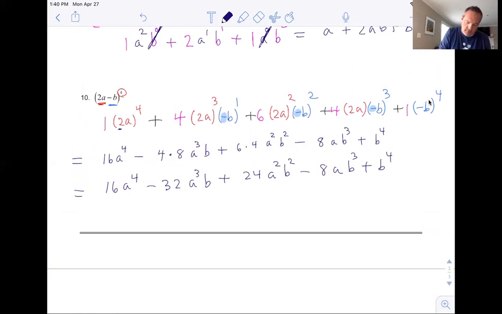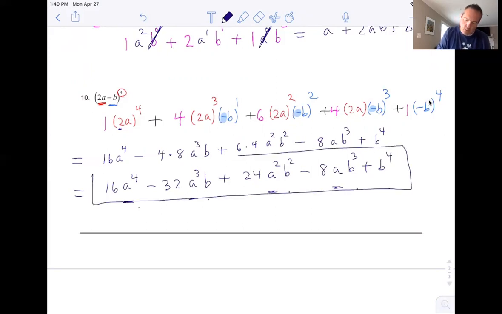And the other thing you got to check for: look at the variables. You got a to the fourth, a to the third, a to the second, a to the first, and then a to the 0. They still descend, and then your b's are going uphill. B to the 0, b to the first, b squared, b cubed, b to the fourth. So again, it looks like a lot of work, but it's much better than the alternative, which would be to keep foiling things out.